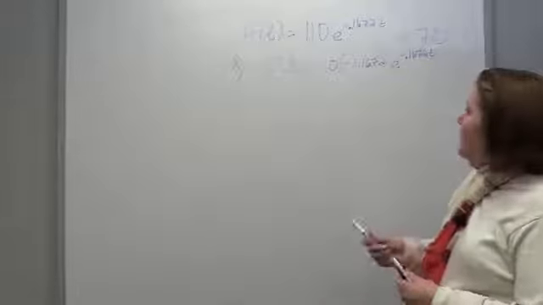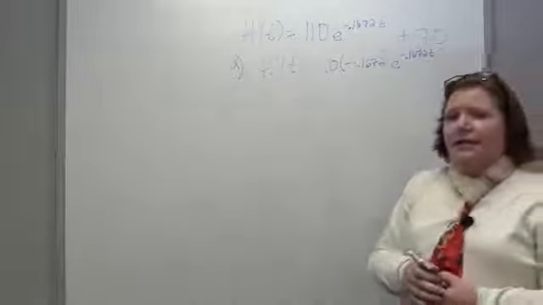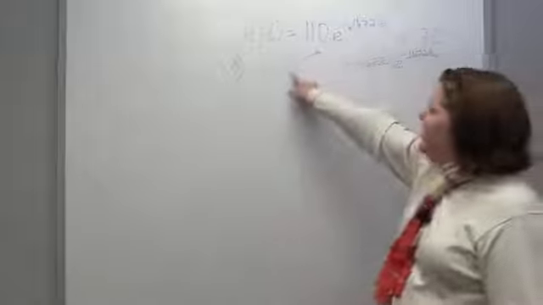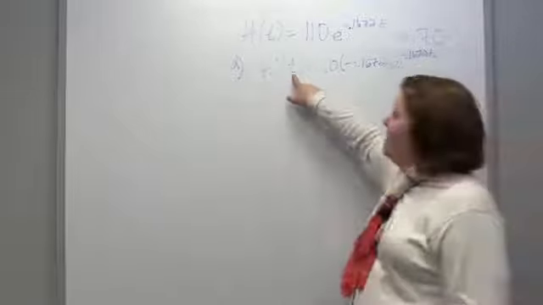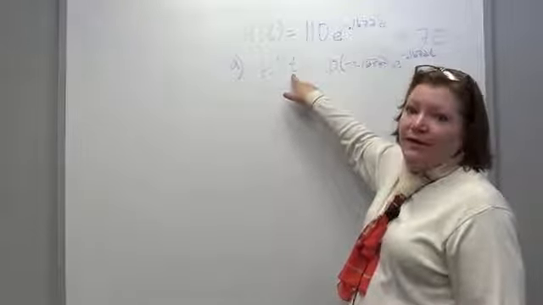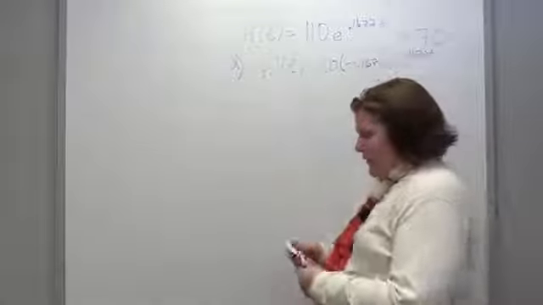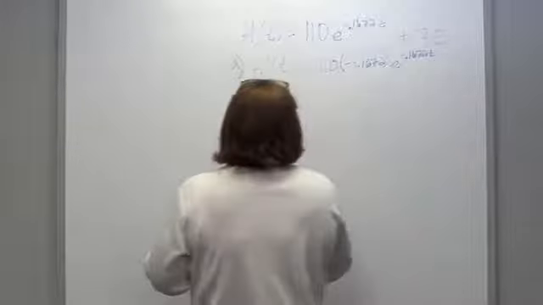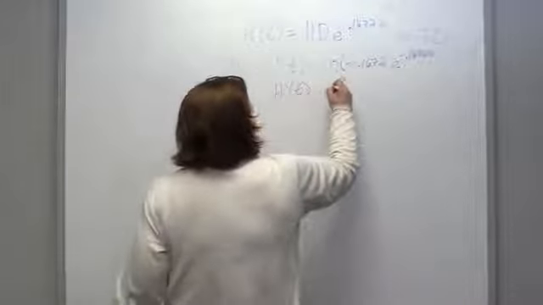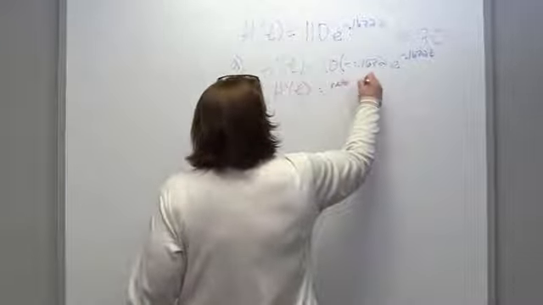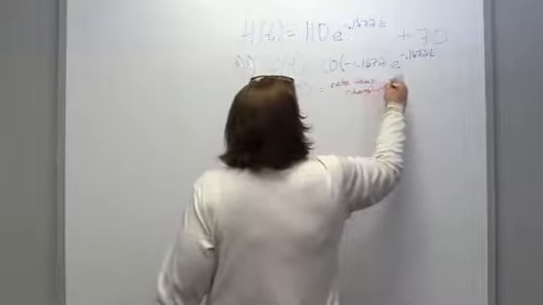And what this means is this is the rate, if I plug in 5 minutes, that's the rate at which the temperature is changing in degrees per minute. So h prime of t gives us the rate the temperature is changing of the coffee.